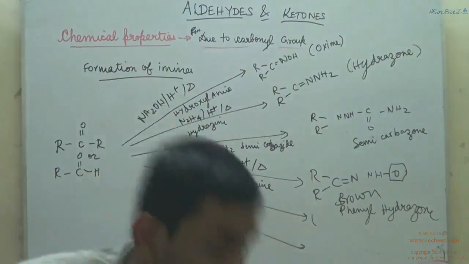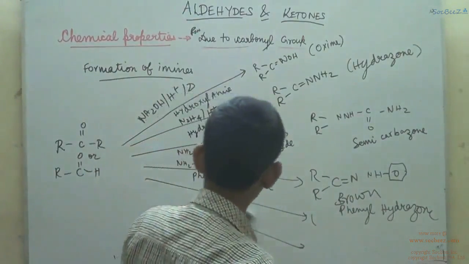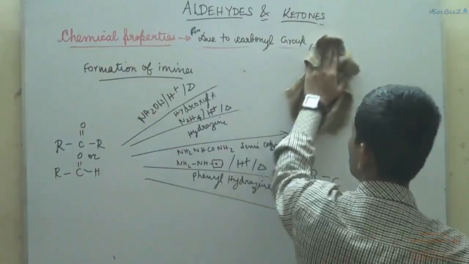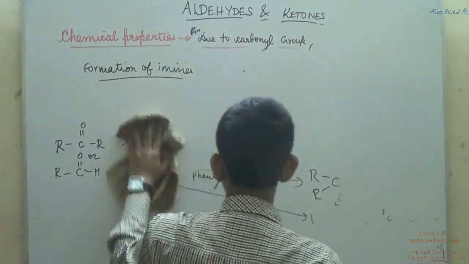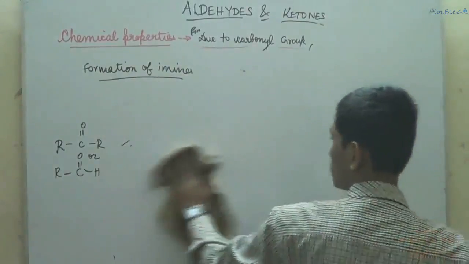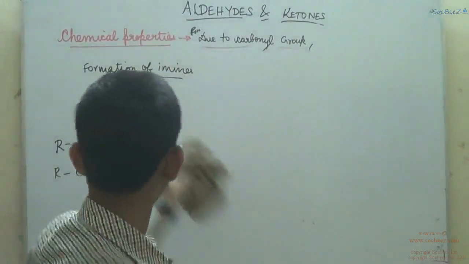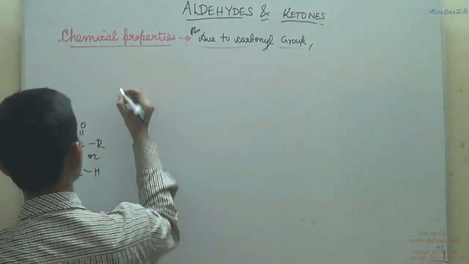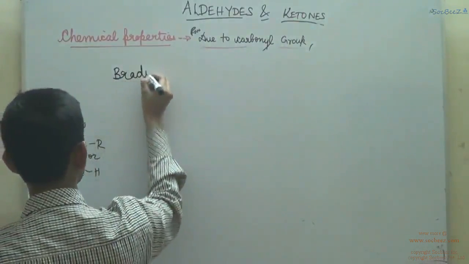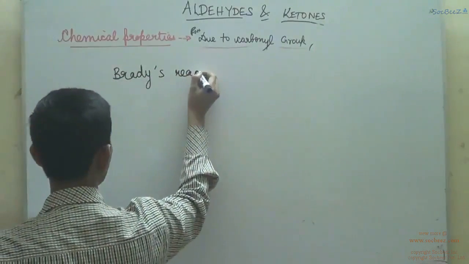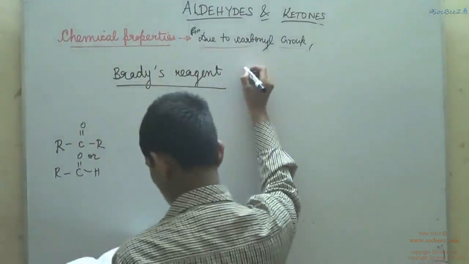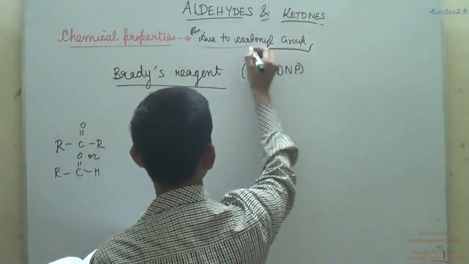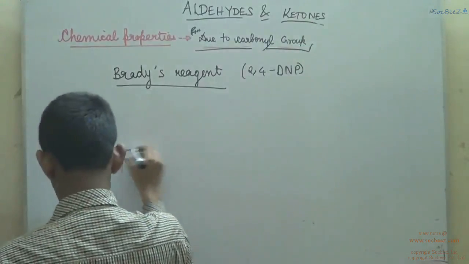Okay, and the last reaction is very important, so I'm erasing this so that I can write it better. So this is the test with Brady's reagent, that is 2,4-DNP. What is 2,4-DNP?